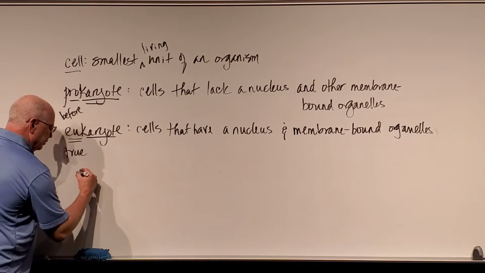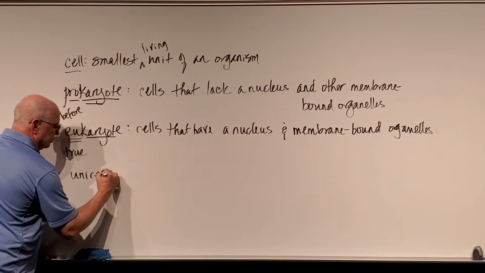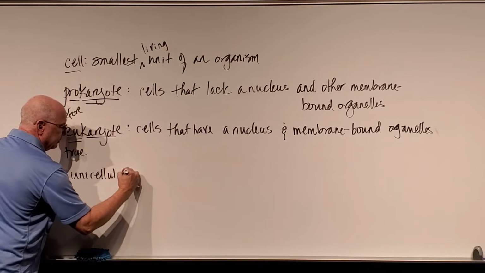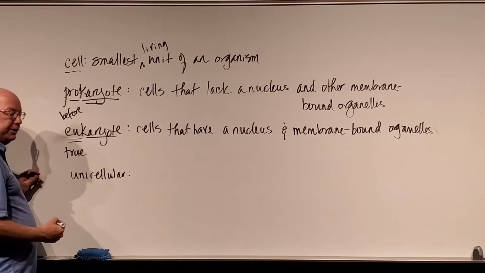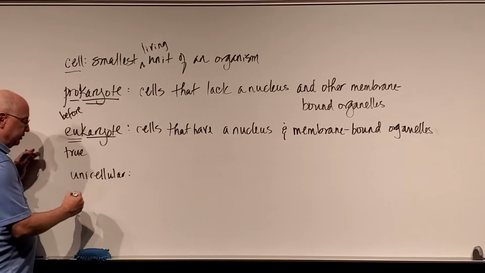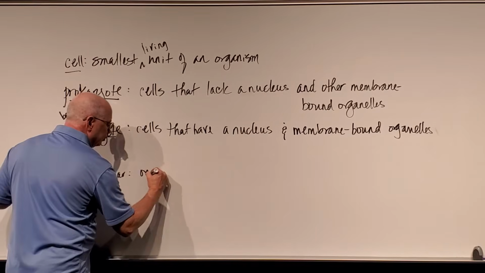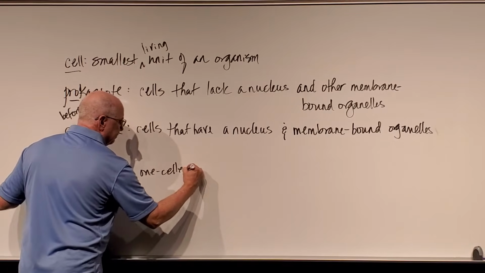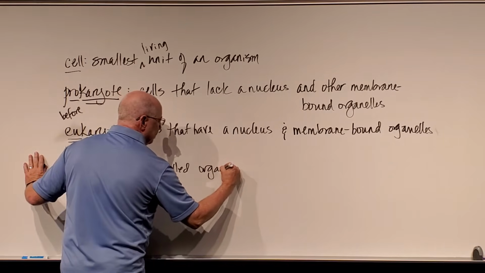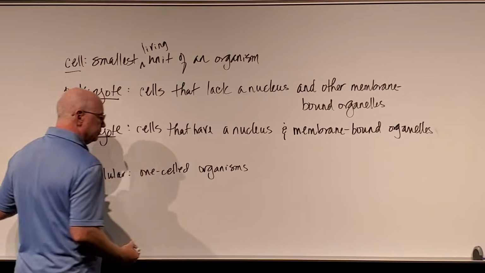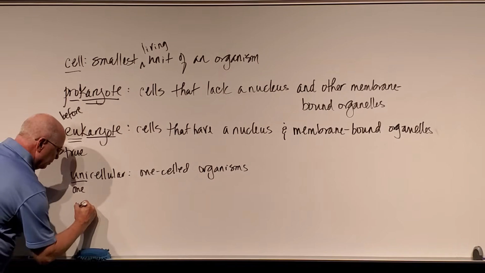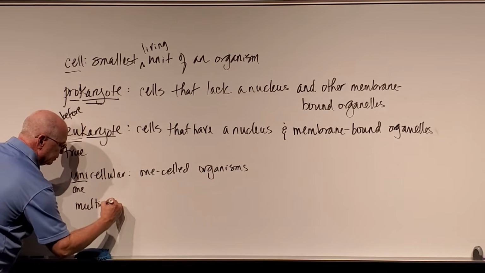Now, two other definitions that we can talk about. Sometimes we're going to talk about unicellular prokaryotes or unicellular eukaryotes. Uni comes from the same word as uno, which means one. So these are one-celled organisms. The entire organism is made up of a single cell. The opposite of that would be multicellular organisms.